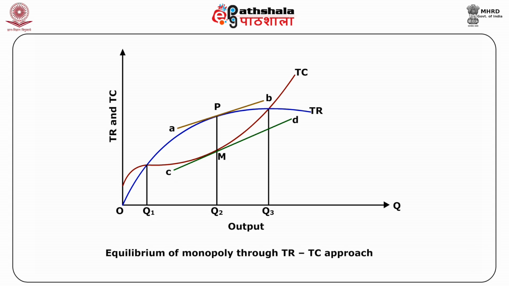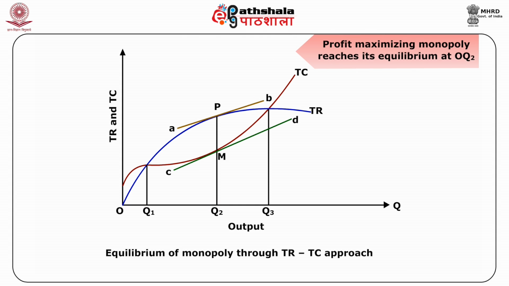Hence, the corresponding output at this point corresponds to maximum profit. Hence, a profit maximizing monopoly reaches its equilibrium at output OQ2.